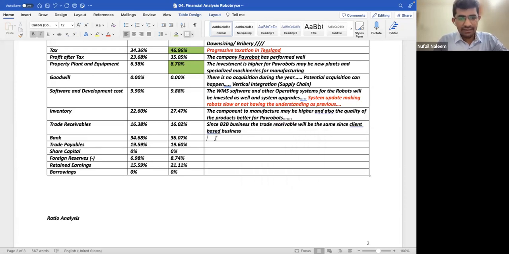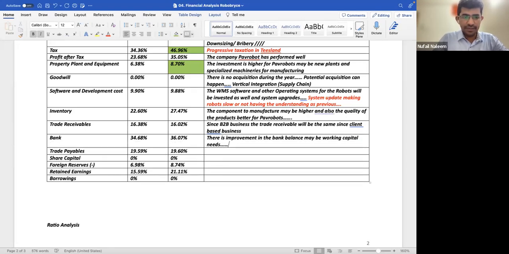Then students, if you see business bank balance, there is an improvement in the bank balance. Maybe not a big number, because if you see the numbers is strong, maybe for working capital needs, that is also one more thing.